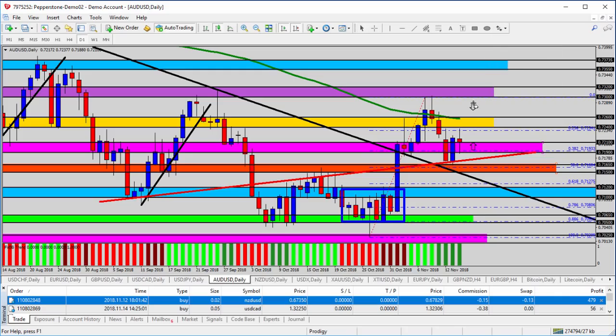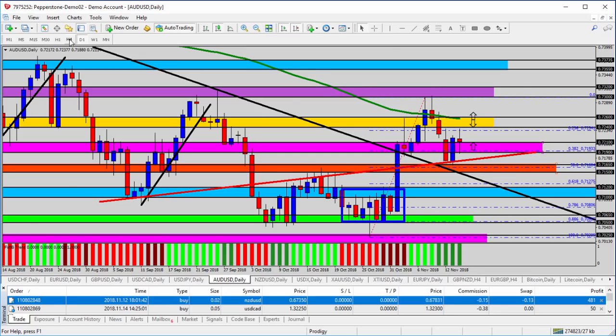We know the fundamentals that would affect this, but as long as it's above that support, we may see it challenge higher to the yellow zone as the next resistance. That's not too hard to see. And of course, a break of that resistance and the 100 period moving average, we may see a significant new rally higher for the Australian dollar. Keeping in mind, at some point, it may return to the downtrend, so we need to keep watchful for that as well.